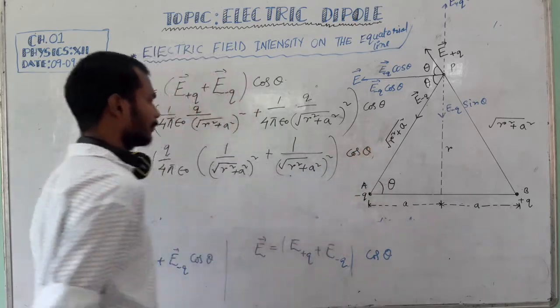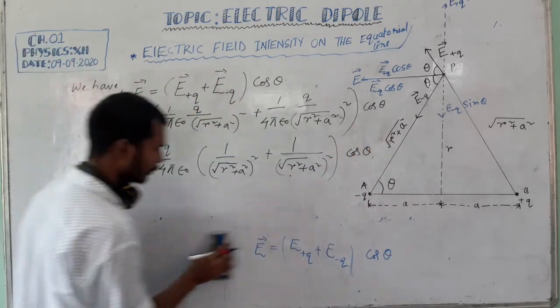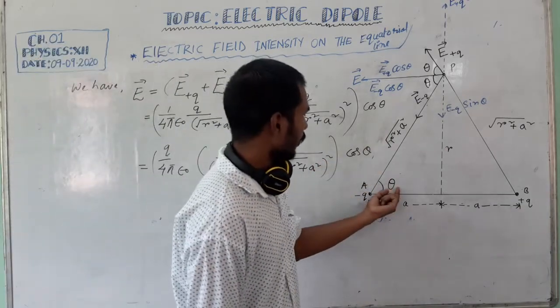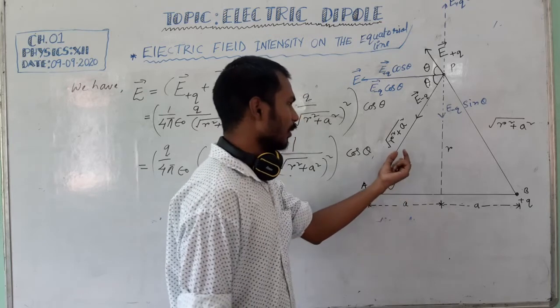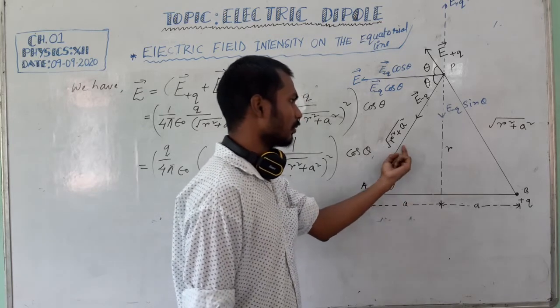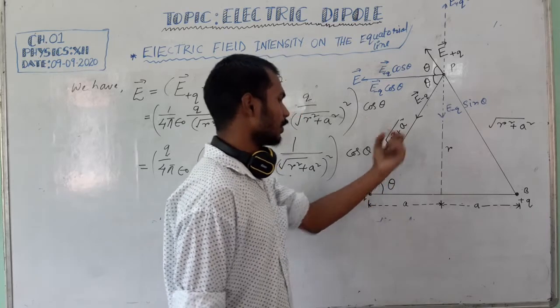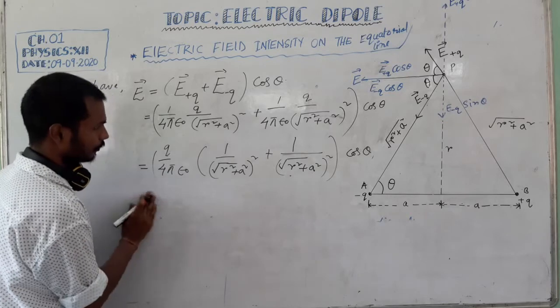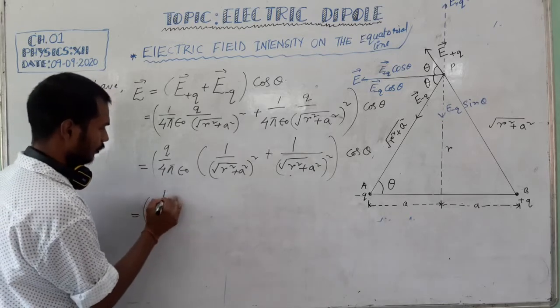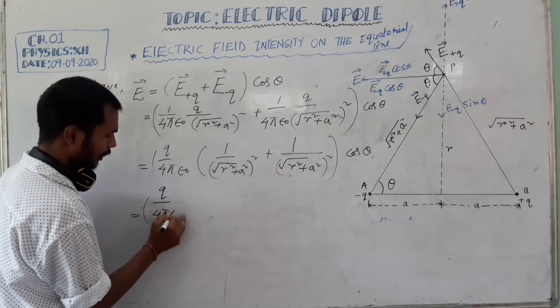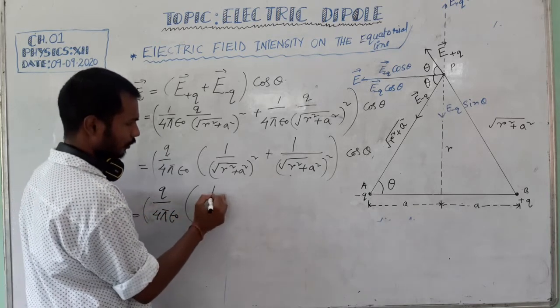Write the cos theta. Now what is the value of cos theta? See from the diagram. Cos theta means base by hypotenuse. The base is a, and the hypotenuse is root over r square plus a square. So write down Q by 4 pi epsilon naught, 1 by root over.